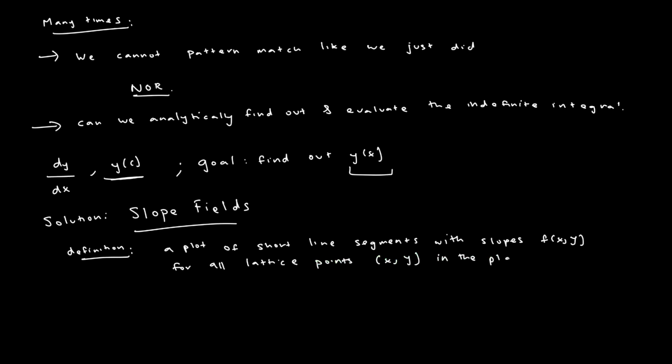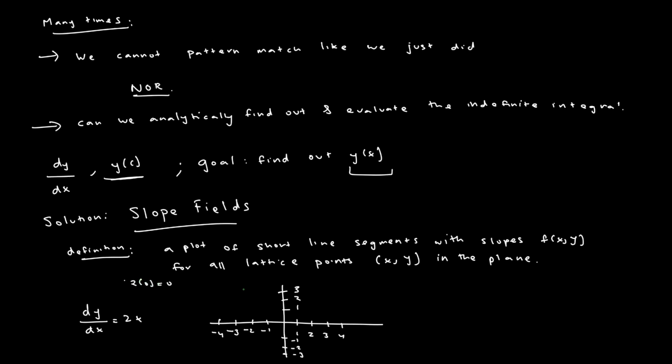Let me explain what this is through an example. Let's say we're given dy over dx is equal to 2x. Slope fields is literally us graphing out the slope at each of these lattice points. So if I were to draw out this graph, with x from -4 to 4 and y from -3 to 3: for x equals 0, our slope is 2 times 0, which is equal to 0. And a slope of 0 corresponds to a horizontal line.